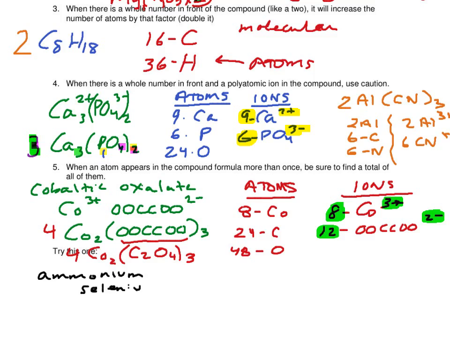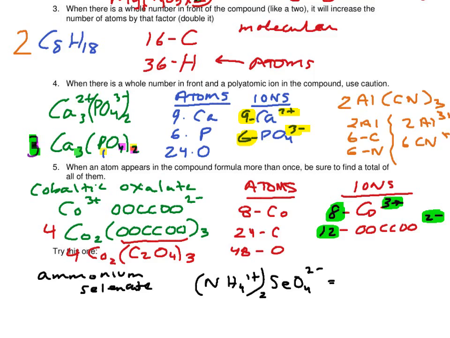Then you had to add a coefficient. Ammonium is NH4. Selenate is SeO4 with a 2 negative charge. So it's not balanced. You have to crisscross. You need a bracket around here because it's a polyatomic ion.